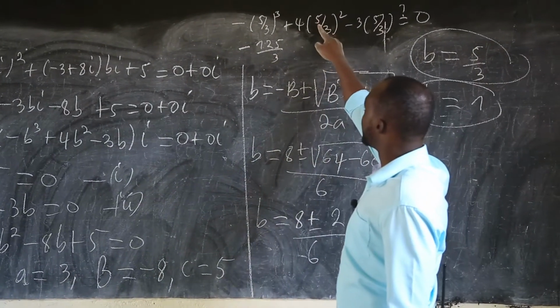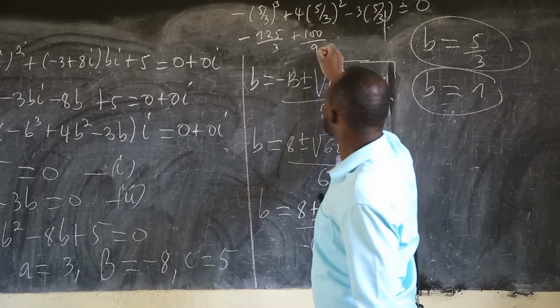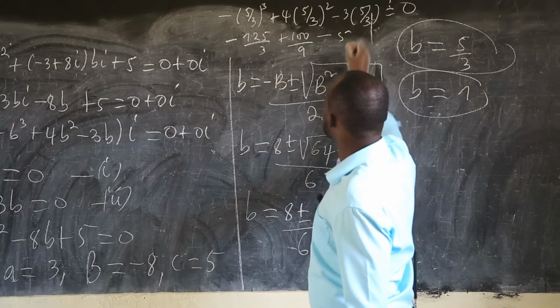This is 25 times 4, 100 over 9, minus 5.